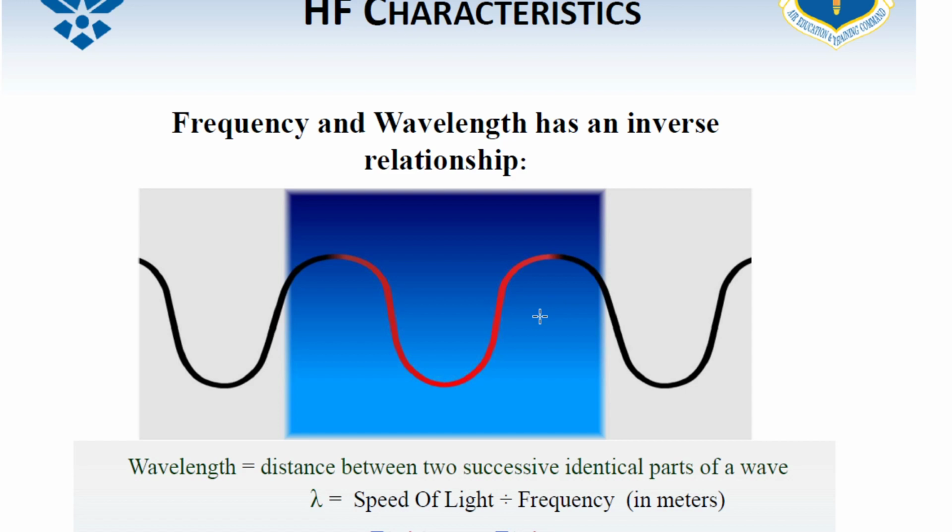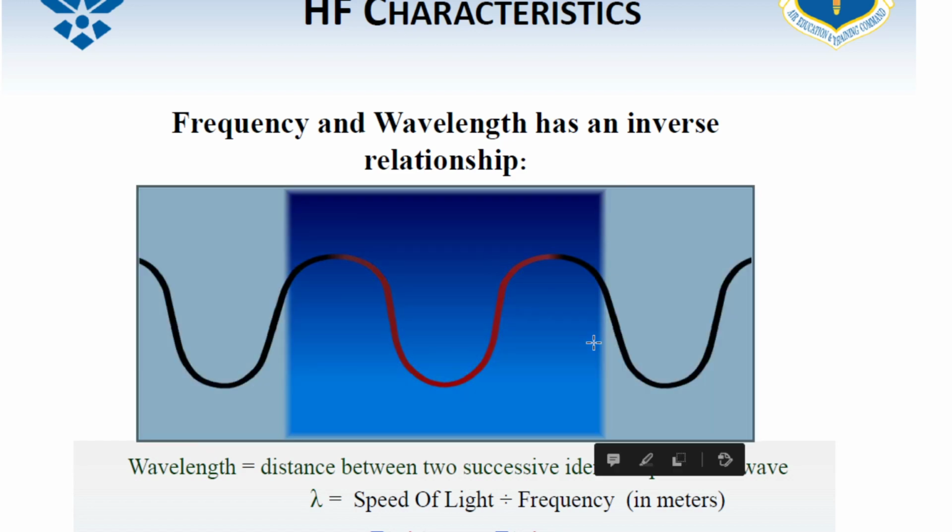And wavelength. The distance between successive crests of a wave. Perfect. Okay, so if you look at the video, let's say that second crest, the top, so it is from crest to crest. So from point A to point B on successive waves.